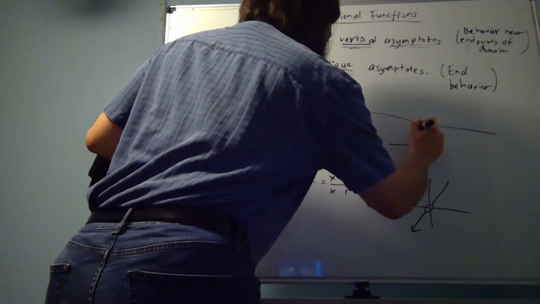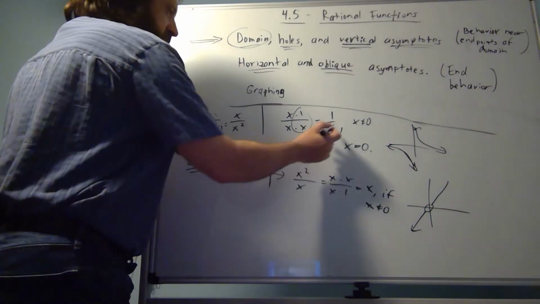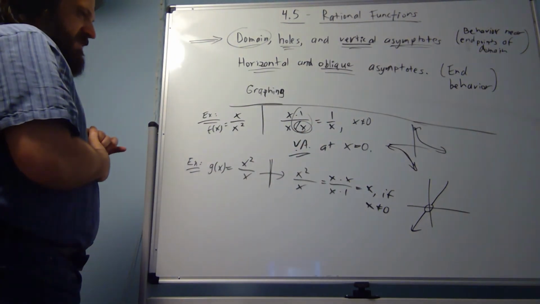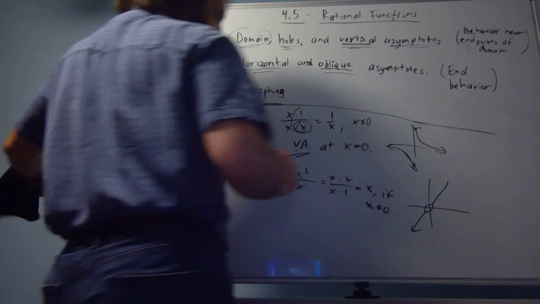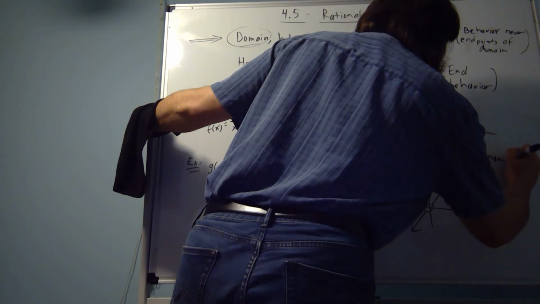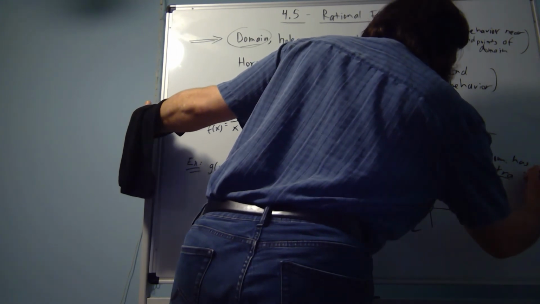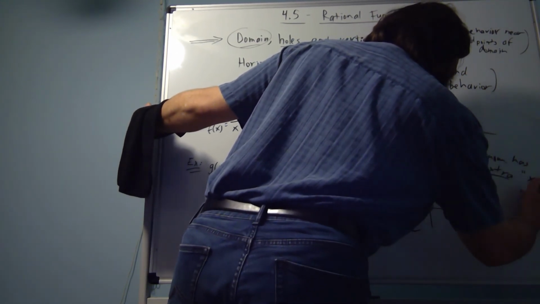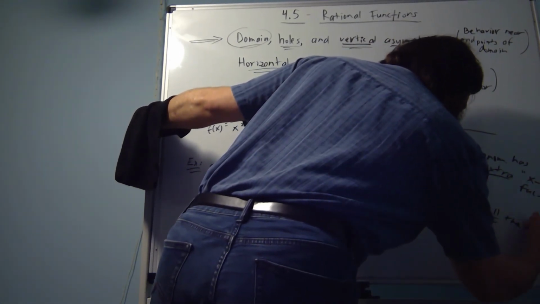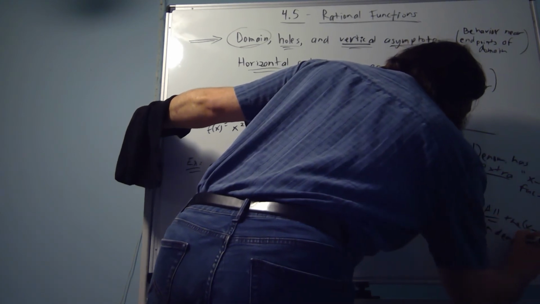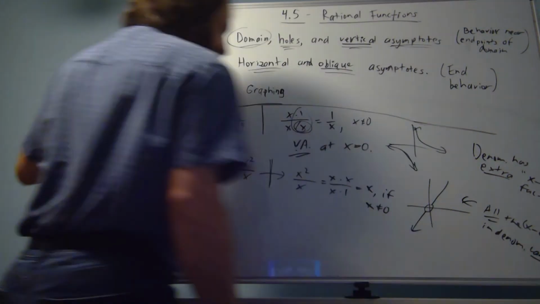So this one looks like the 1 over x function because, just, the denominator wins. There's an extra x minus c in the denominator, so it's a vertical asymptote. And that's the general behavior.